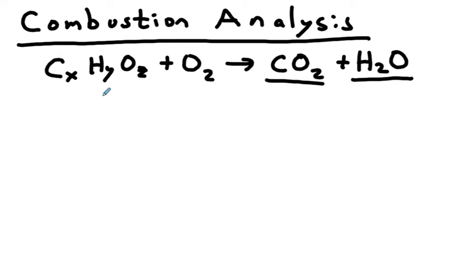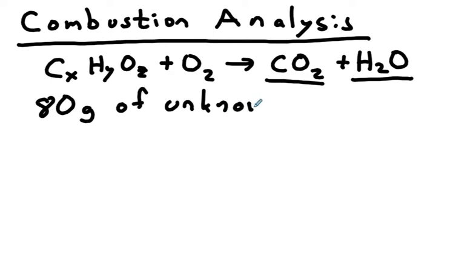So let's suppose we're given that we took 80 grams of an unknown. Okay, so we don't know what this compound is. We have 80 grams of an unknown compound, and we're given that combustion analysis produced a certain mass of carbon dioxide and water.